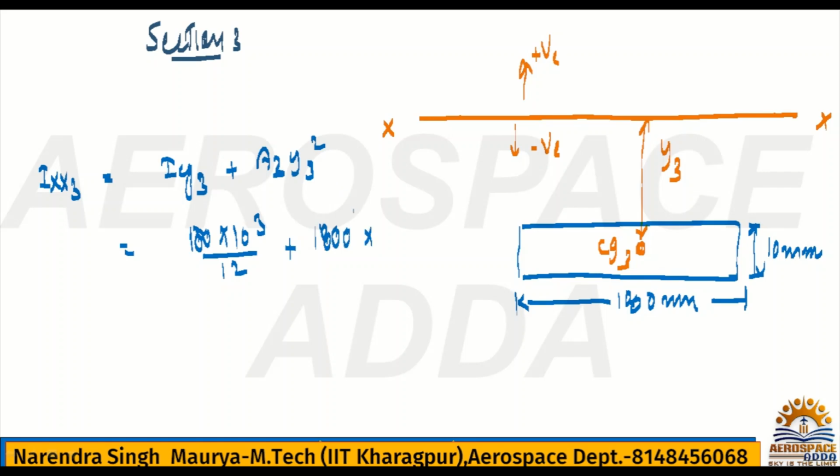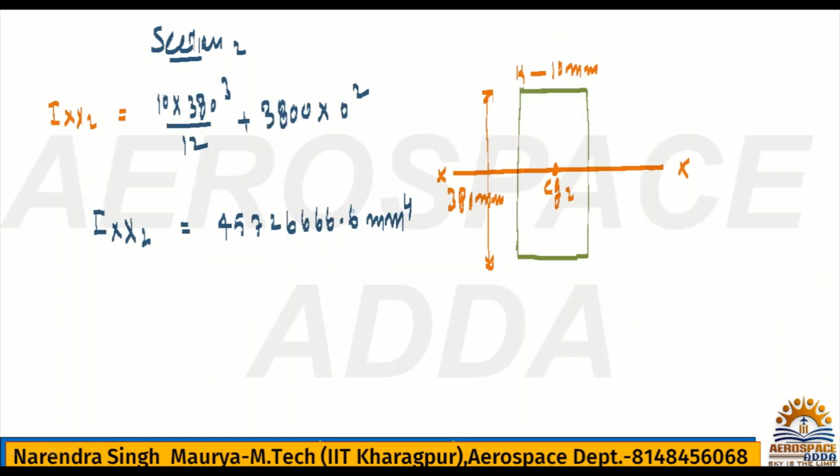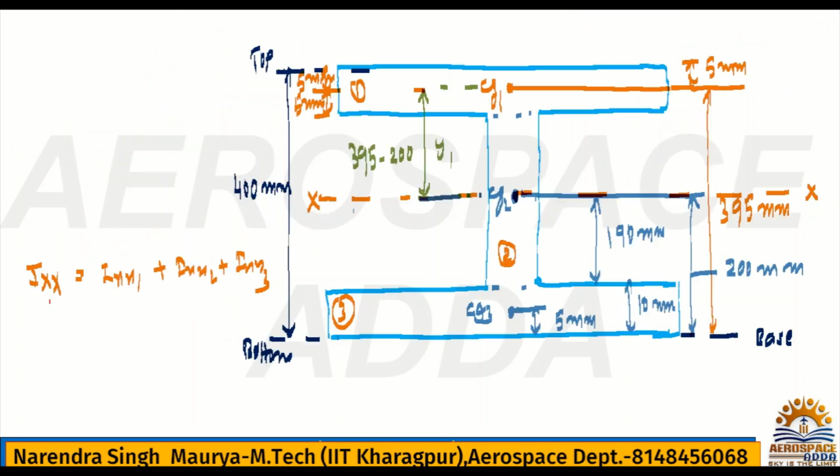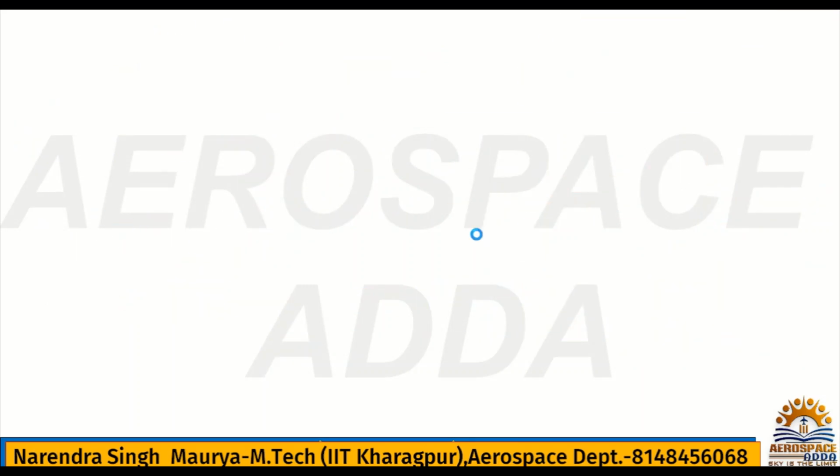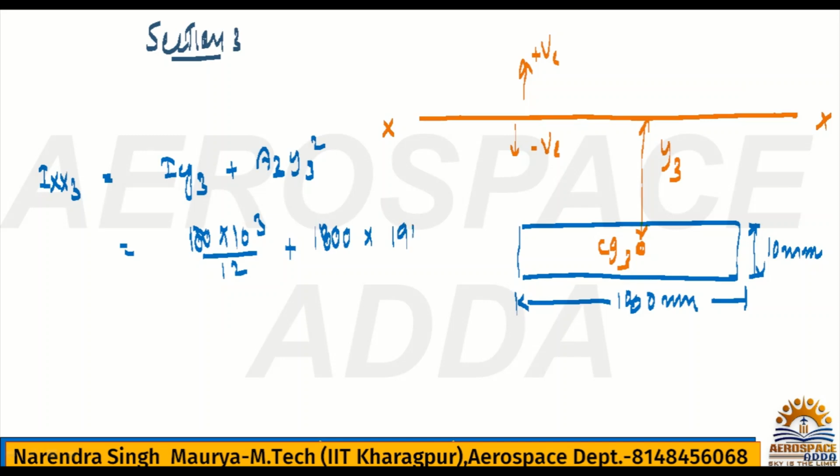Now you have to check Y3. How to check Y3? Check the location from the reference. It will be 195. Correct. So it's nothing but 195. Remember, this 195 is a negative value, because you are going downward from the reference, but it is squared, I told you, so there is no effect. Calculate Ixx3.